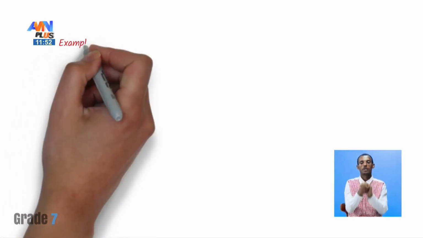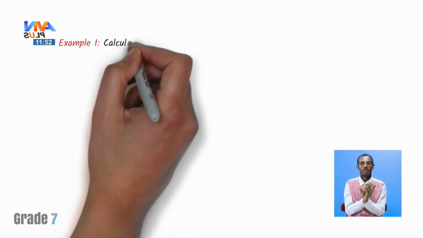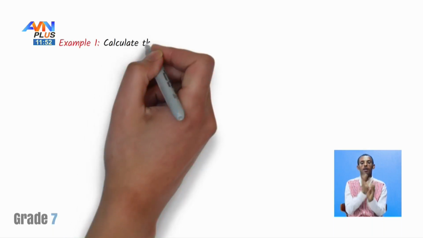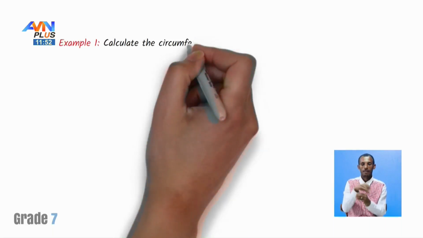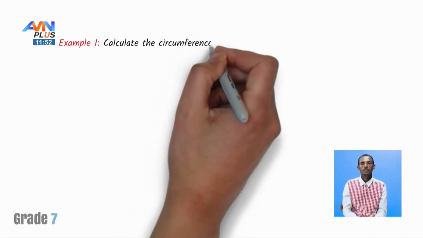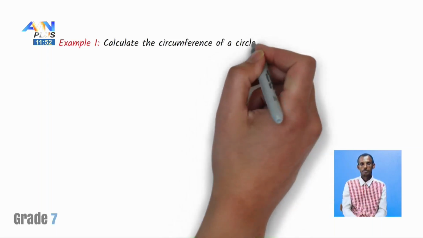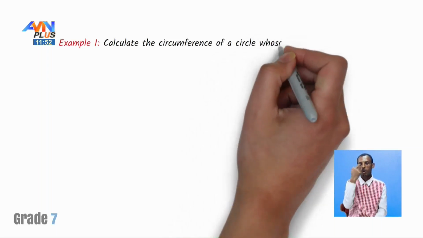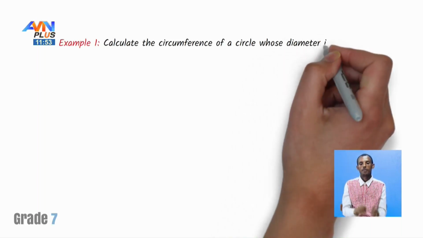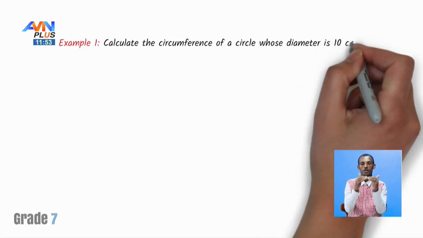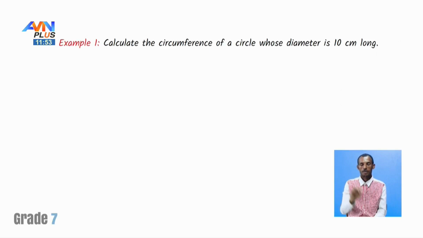Calculate the circumference of a circle whose diameter is 10 centimeter long.